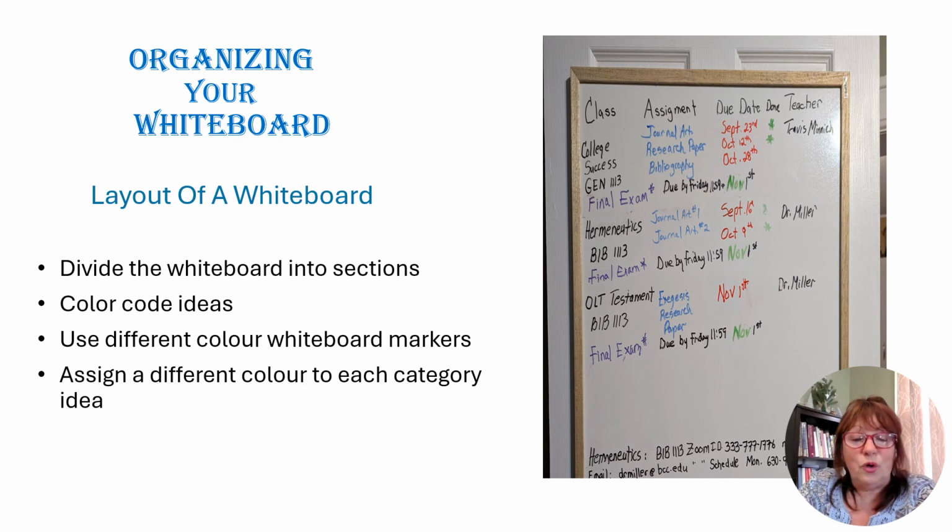Organizing your whiteboard. As you can see now, my whiteboard is organized and divided in sections. I have my classes under one section: my college success, my hermeneutics, my Old Testament.